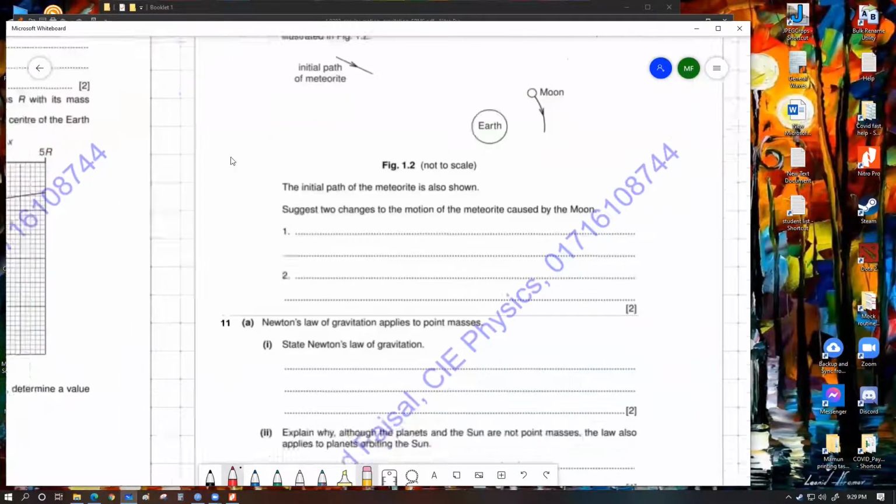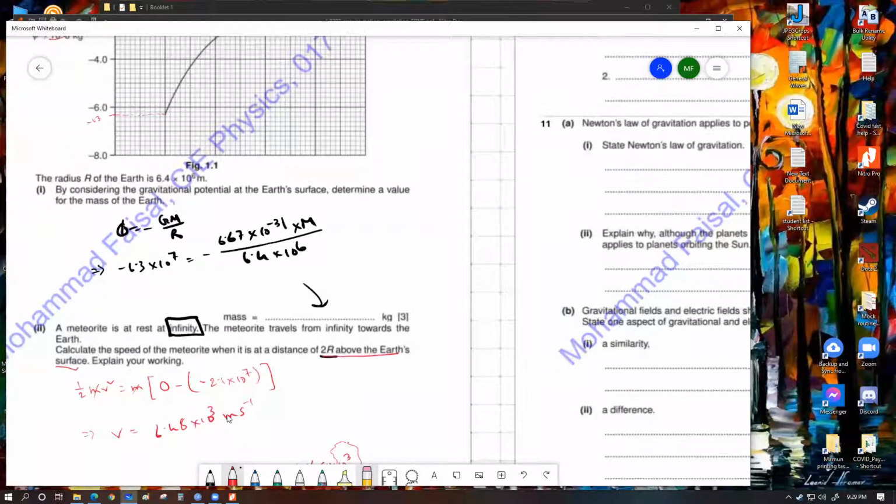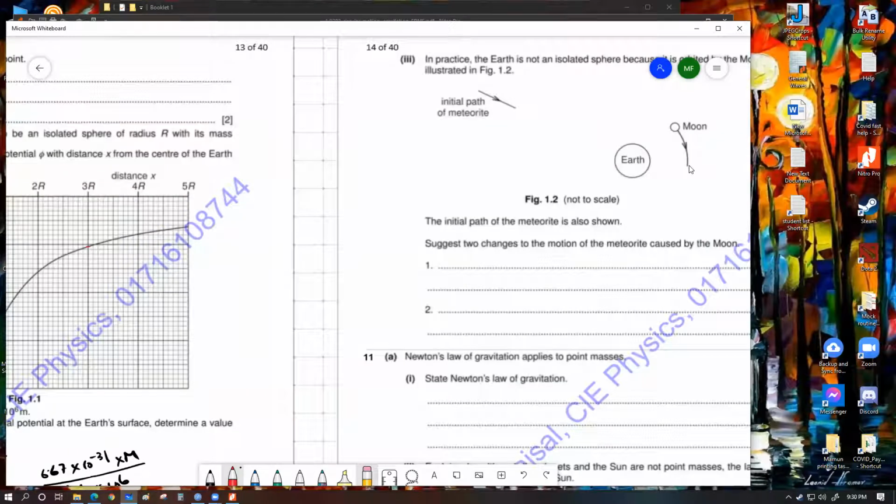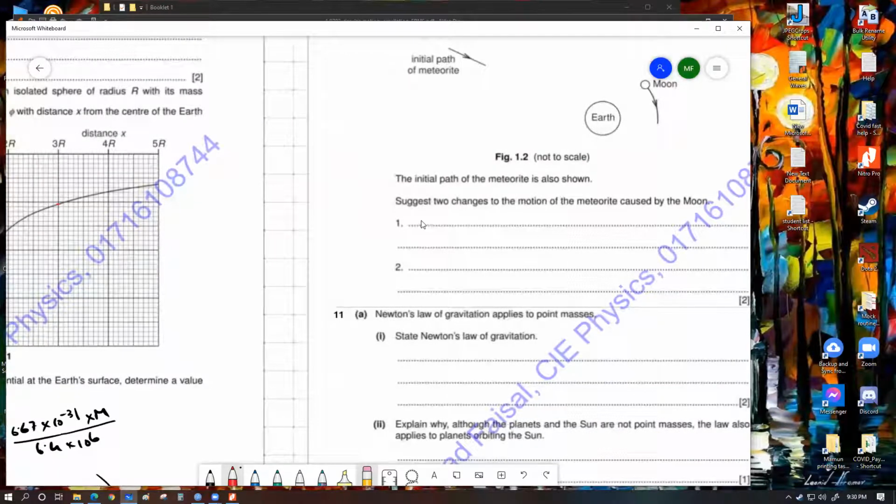So whatever value of speed we calculate over here, if we consider the existence of the moon, because of the additional gravitational force, the actual speed would be more, because now this meteorite is being pulled by both the Earth and the moon. So the speed of the meteorite would be higher.